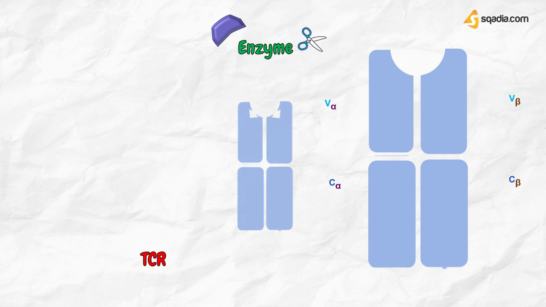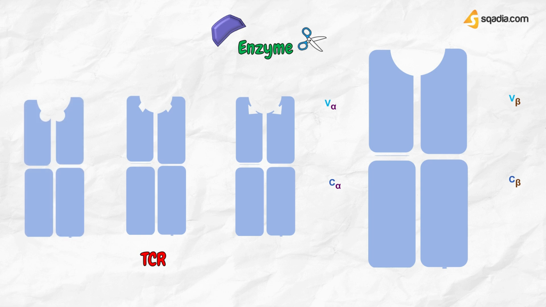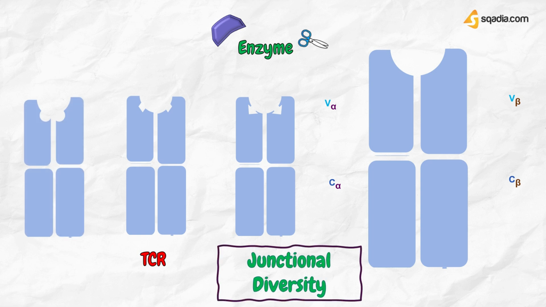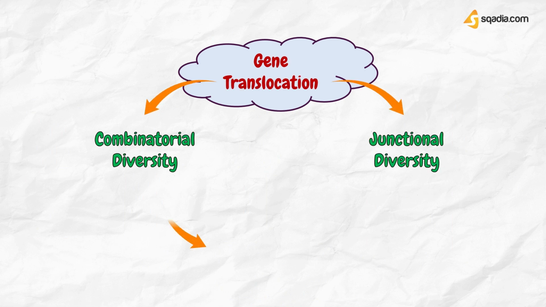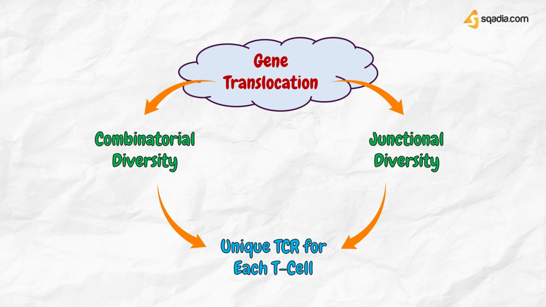This change in the nucleotide-base sequence generates even greater diversity, leading to junctional diversity. As a result of combinatorial diversity and junctional diversity, each T lymphocyte can produce a uniquely shaped T-cell receptor capable of reacting with a complementary shaped peptide bound to an MHC molecule.